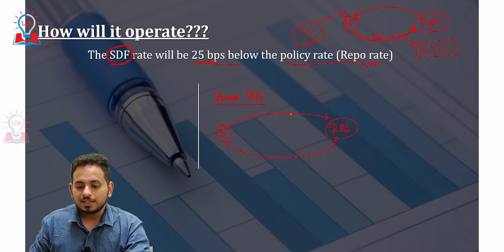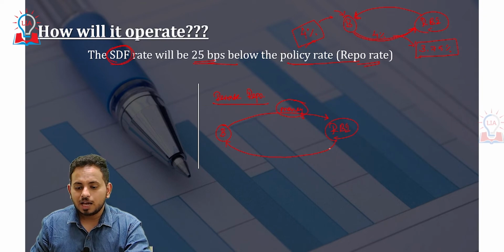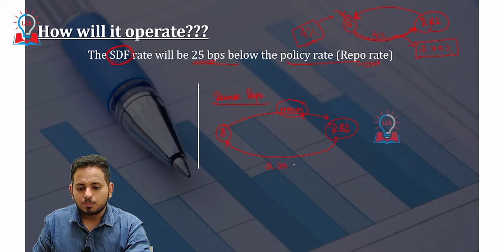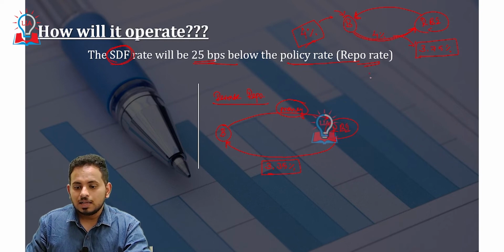Banks will place their money with the RBI, for which the RBI would be paying interest, and this interest rate that the RBI would pay to the bank is called the reverse repo. At present, the reverse repo is at 3.35%. Remember, this is how the reverse repo works.